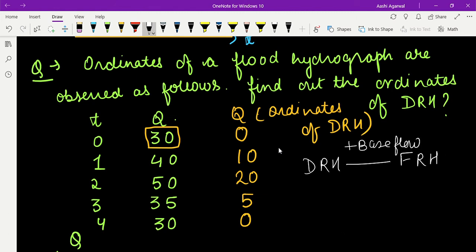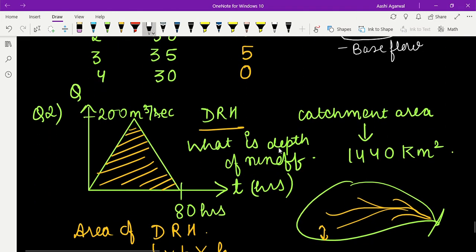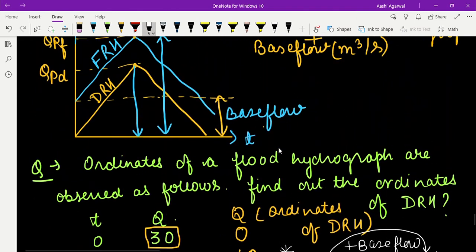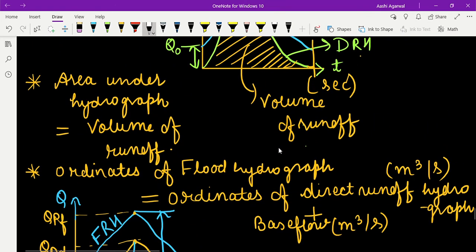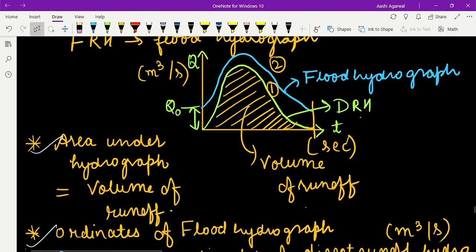But if you are going from FRH to DRH, you have to subtract the base flow. These are the two most important things you should remember, and the next problems we'll cover in the next video.